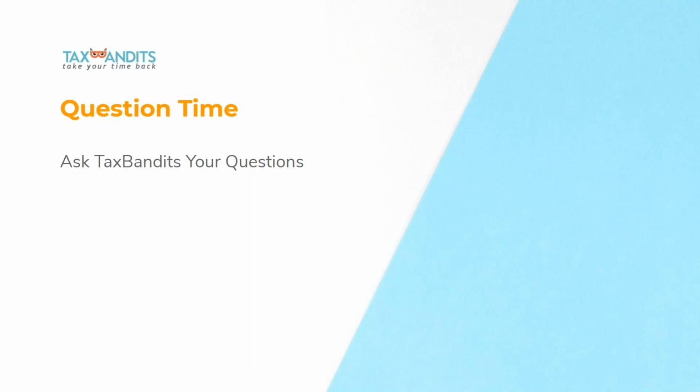All right, and our next question, can TaxBandits help me with other forms? So yes. In addition to assisting with the e-filing of the W-2, TaxBandits supports 1099s, 941s, 940s. We even support ACA forms. So we have a wide variety of different forms we can assist with.